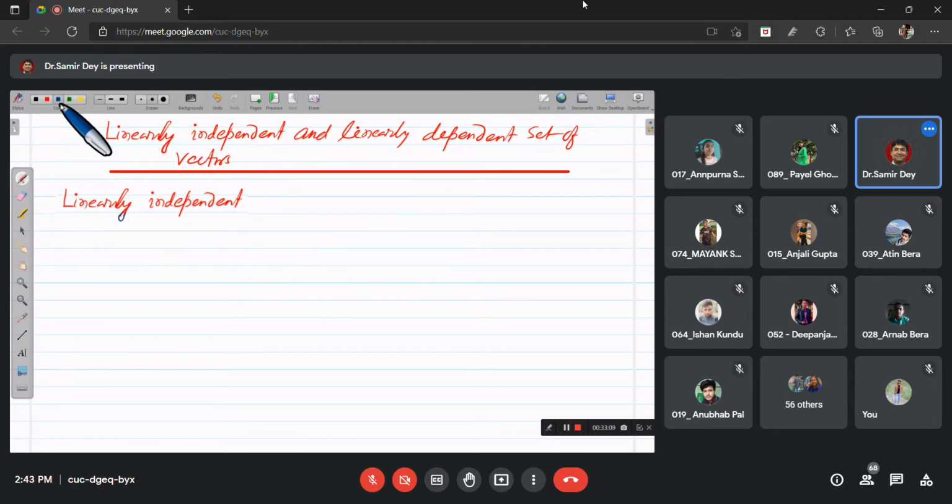Linearly independent part. Please write down.